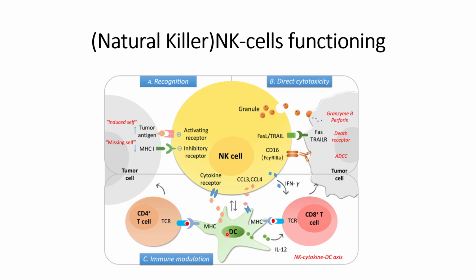And the more activation of dendritic cells leads to the activation of more CD4 plus T cells or CD8 plus T cells, through the interaction of tumor specific antigens, with the help of the major histocompatibility complex on the dendritic cells, and the T cell receptors on the CD8 plus T cells.